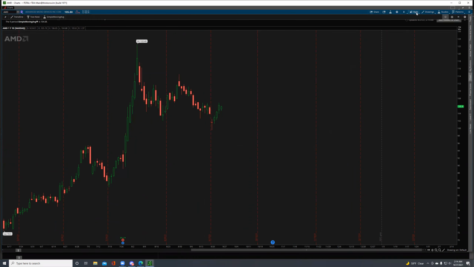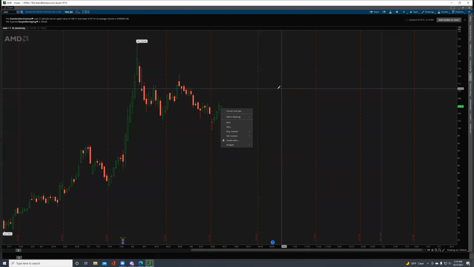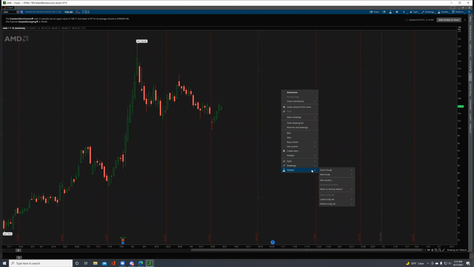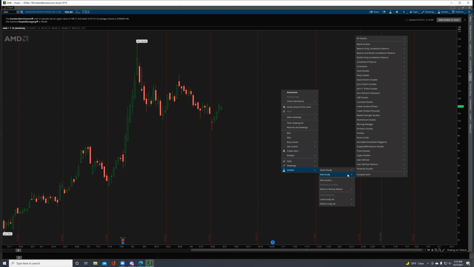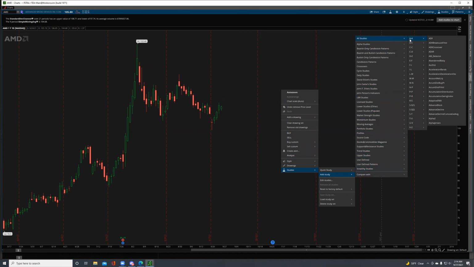So let's go ahead and right click, and we're going to studies, then all studies, and you have so many different ones that you can load from. What we're going to do is go to EMAs, exponential moving averages. Where are we at?